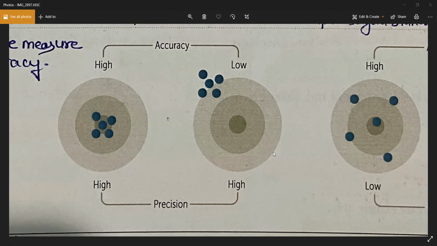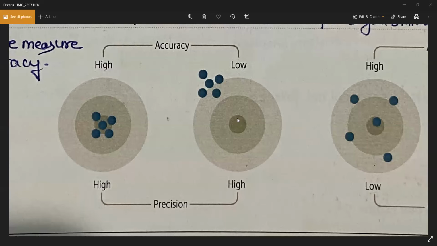Now if you run the new test and 200 is the accurate value, the real value of the patient having a myocardial infarction, and all the values you are getting are near 200, like 201, 202, 203, you can easily say that because all the values are very close to the center, your test has a very high accuracy. And because all the values are in the 201, 202, 203 range, all the values are very close to each other, so your test also has a very high precision.